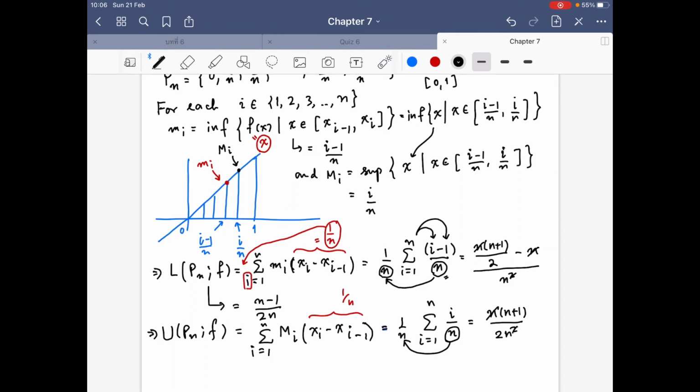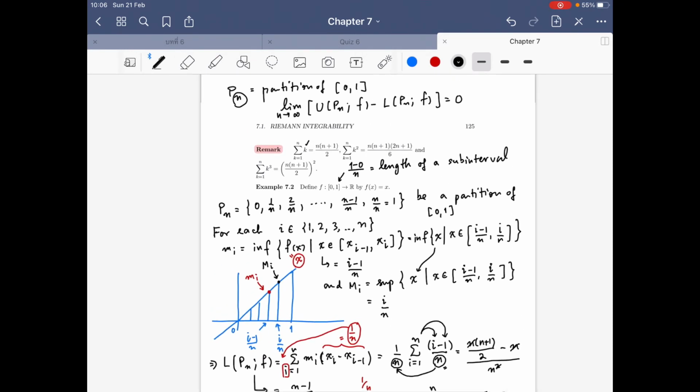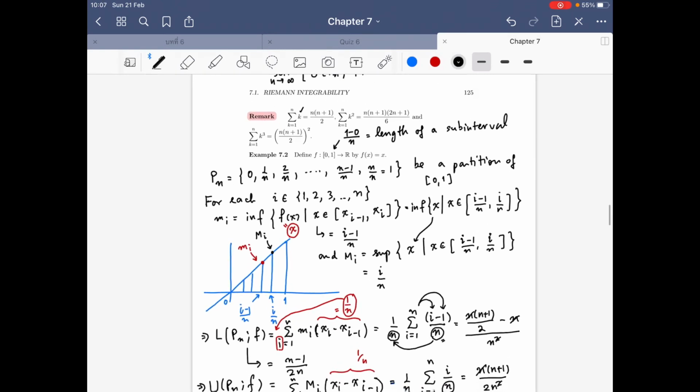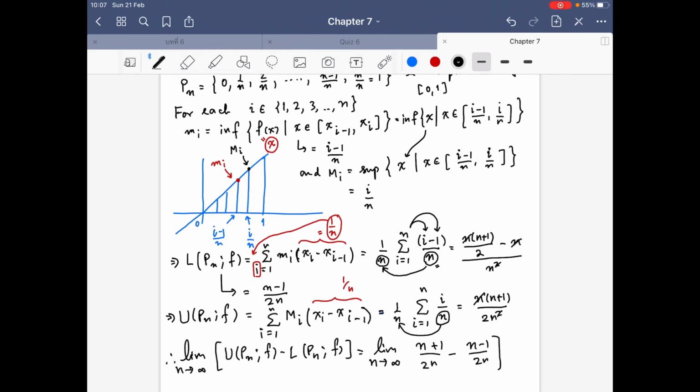Okay, so what you are going to measure is the difference between the upper sum and the lower sum, and take the limit, right? So it means that the limit as your n goes to infinity of this upper sum and the lower sum becomes the limit of n plus 1 over 2n minus n minus 1 over 2n.